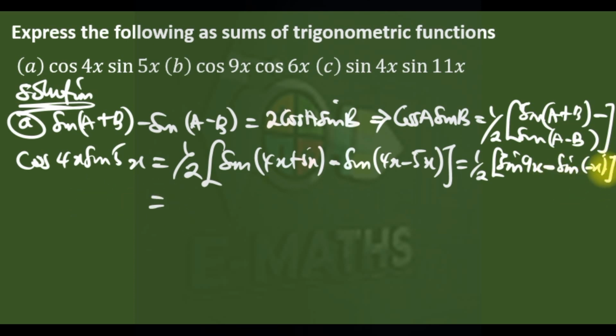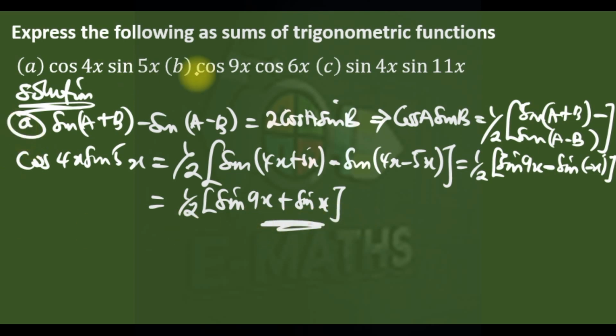But again, if you remember, for sine of a negative angle, we can bring the negative out. So we have half of sine 9x plus sine x. Do you get it from our negative identity? So that's our answer.